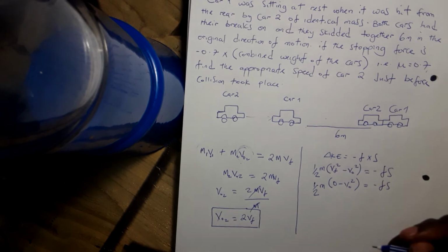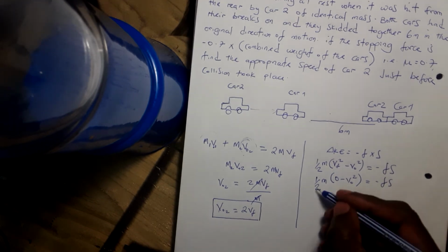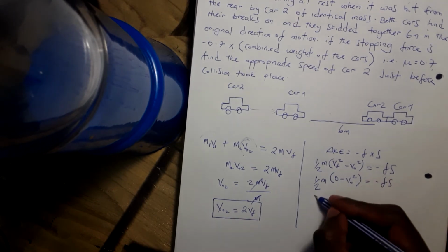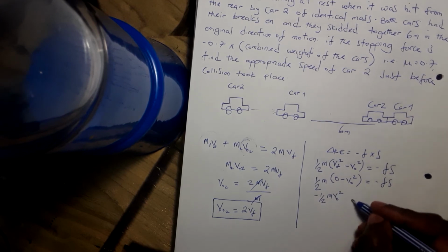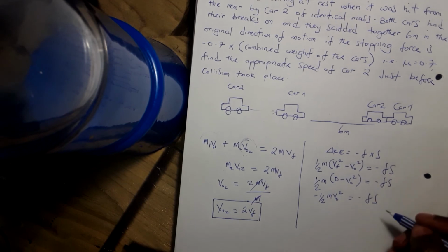Which we can also rewrite as negative half m times the initial velocity squared is equal to negative fs.